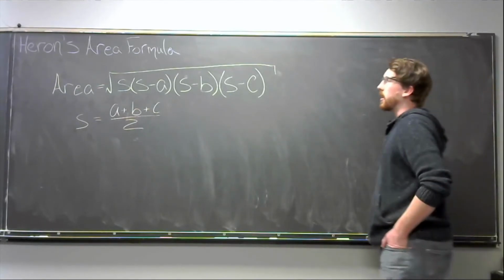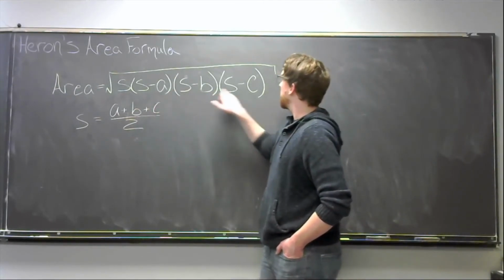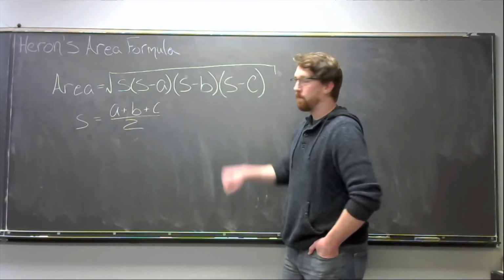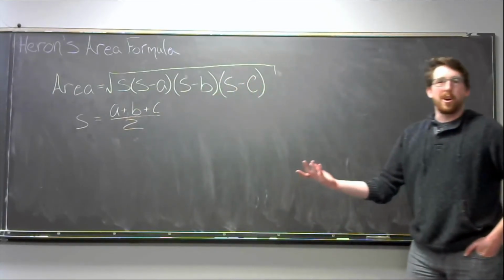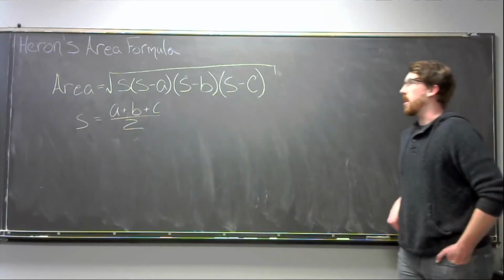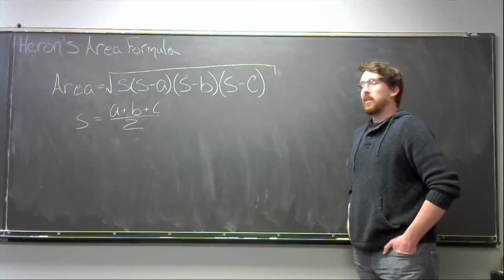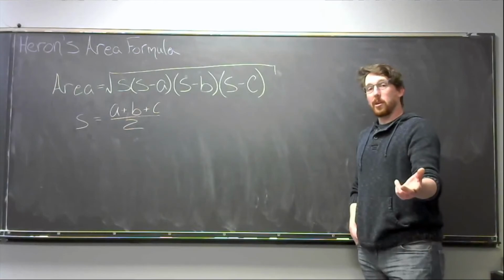So all these lengths, A, B, C, are the lengths of our triangle. And like I said, this is just another formula for finding the area. Having said that, let's look at an example.